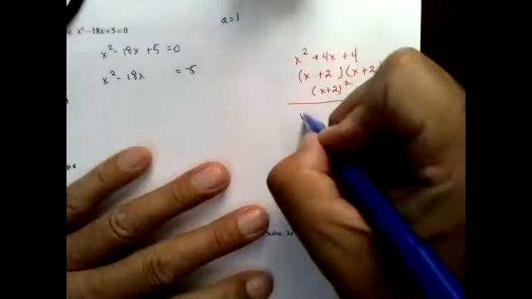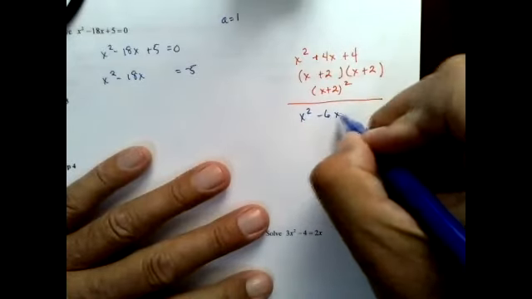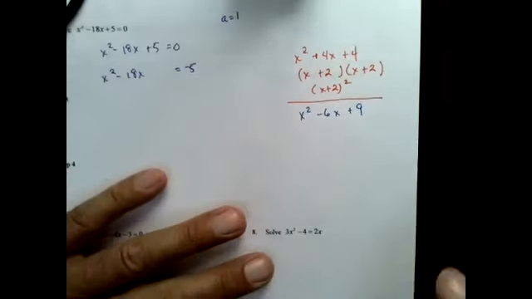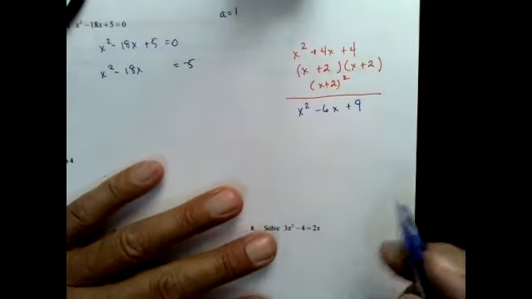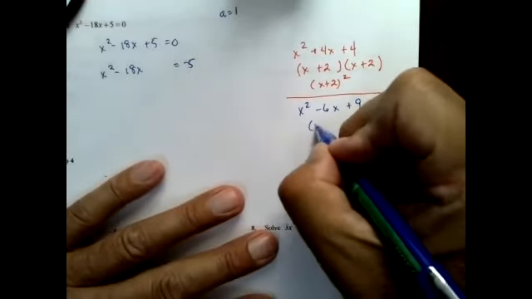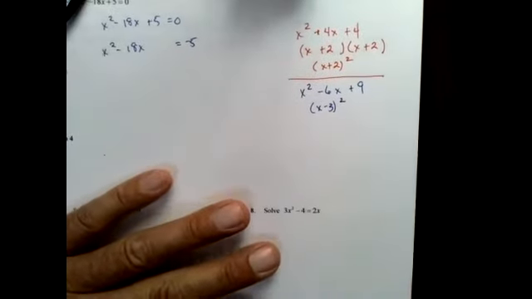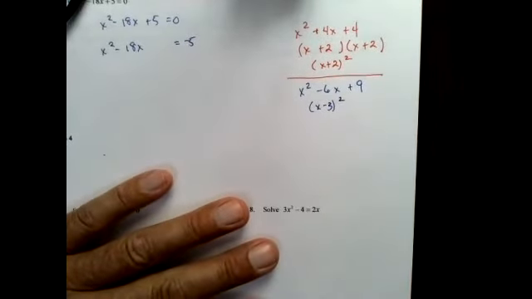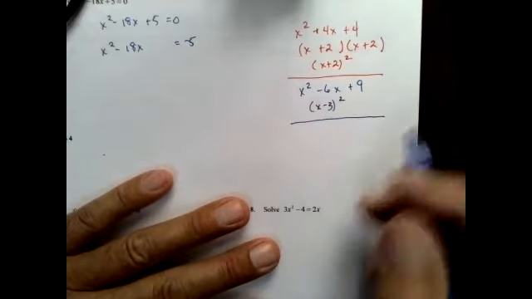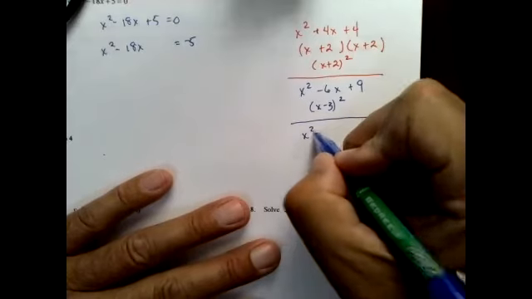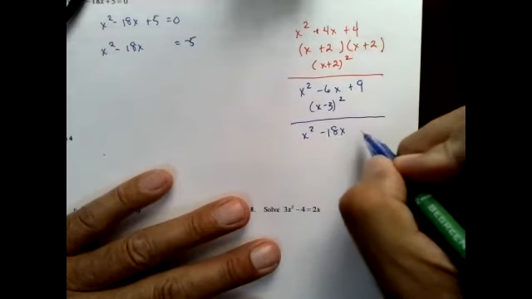X squared minus 6x plus 9. I like that. That's x minus 3 times x minus 3. That is a perfect square. X squared minus 18x.